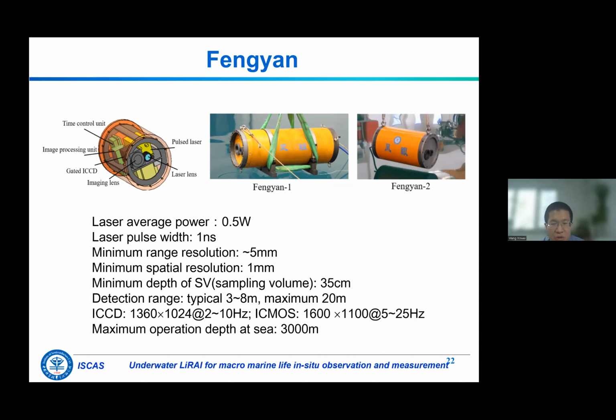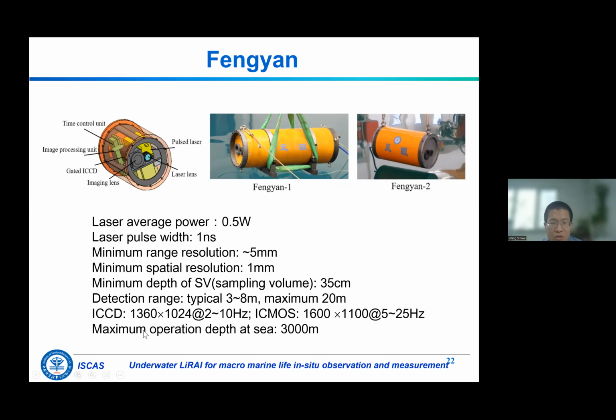The spatial resolution is about 1 millimeter. The minimum depth of the sampling volume is about 35 centimeters. The typical depth range is from 3 meter to 8 meter. The maximum is about 20 meters.